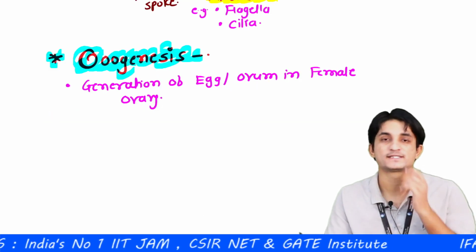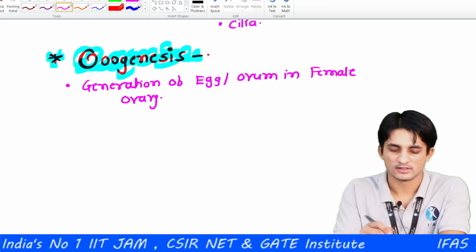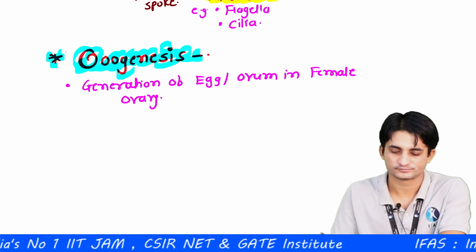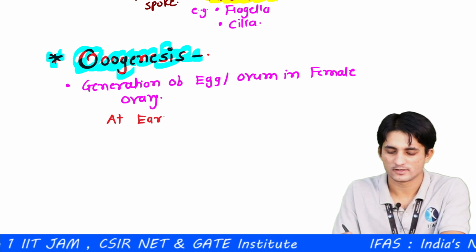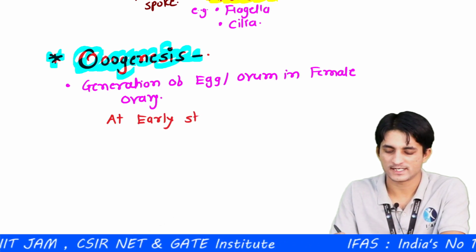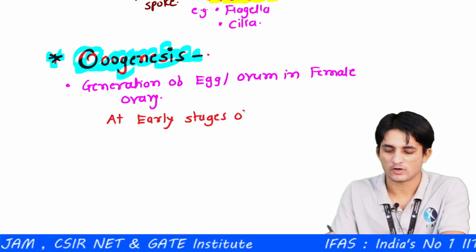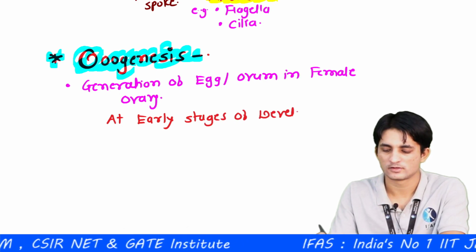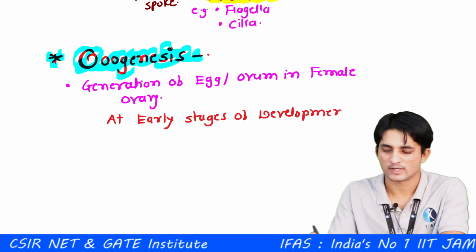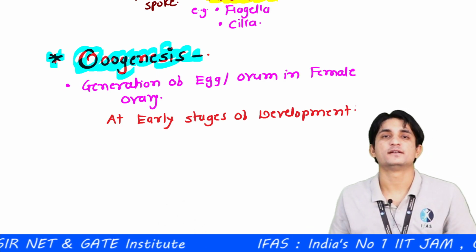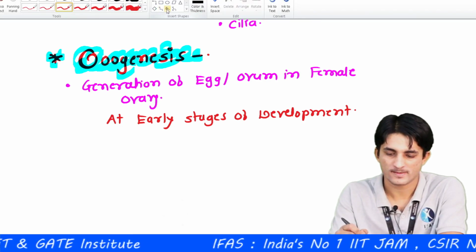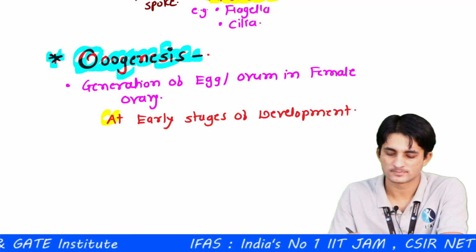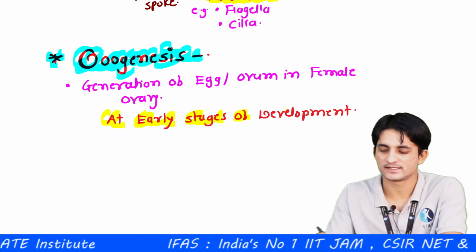Now we are discussing the oogenesis steps. In oogenesis, at the early stages of development, the oogonium starts to divide.